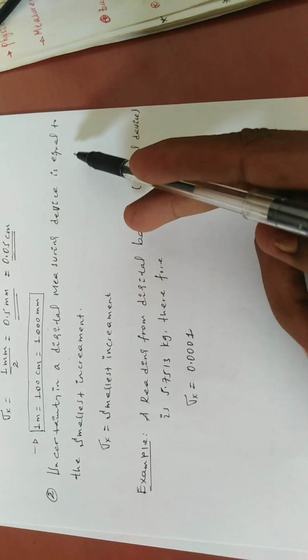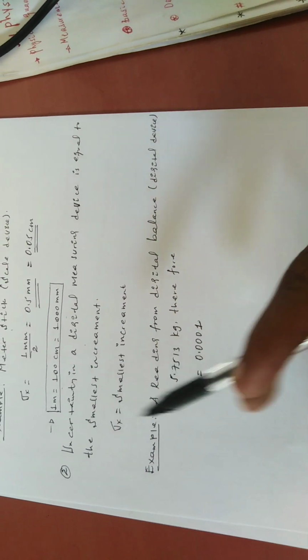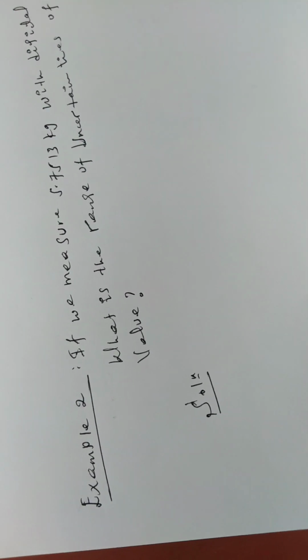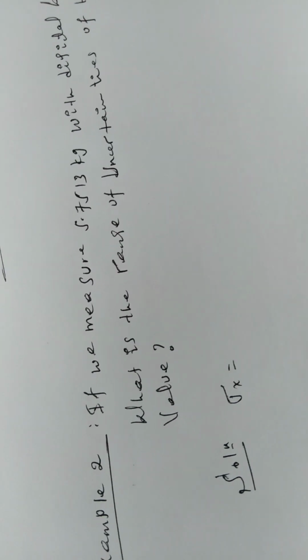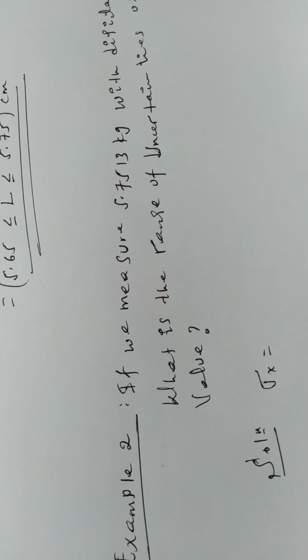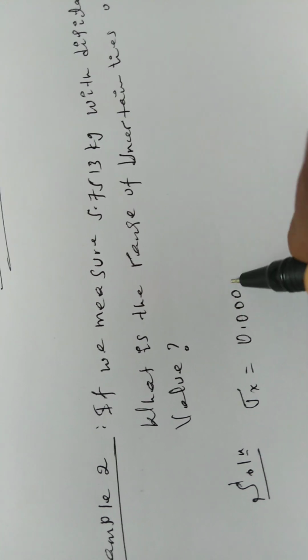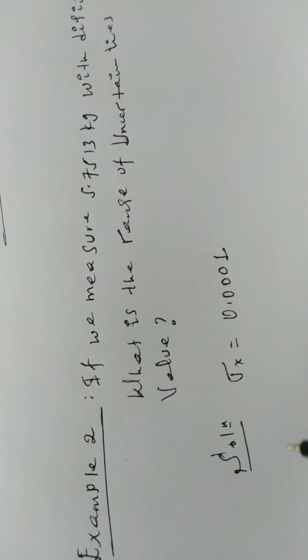Uncertainty in a digital measuring device is equal to the smallest increment. The smallest increment is 0.0001. So the uncertainty in the digital measuring device is 0.0001.